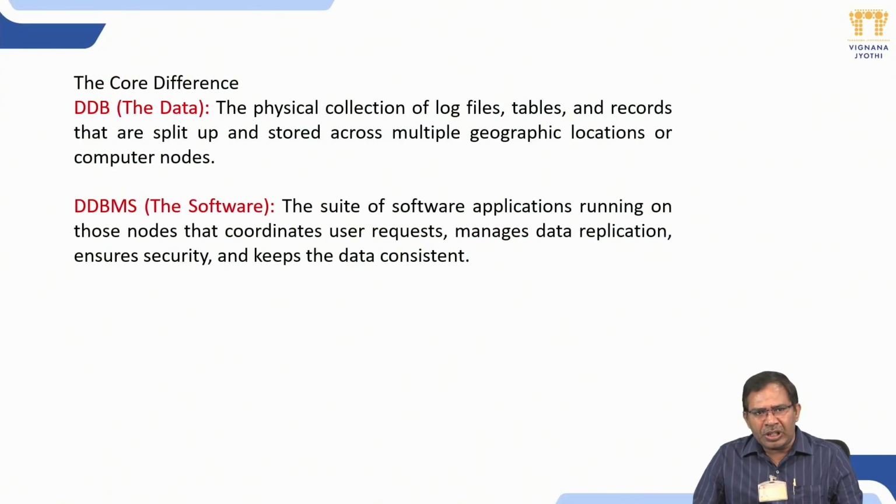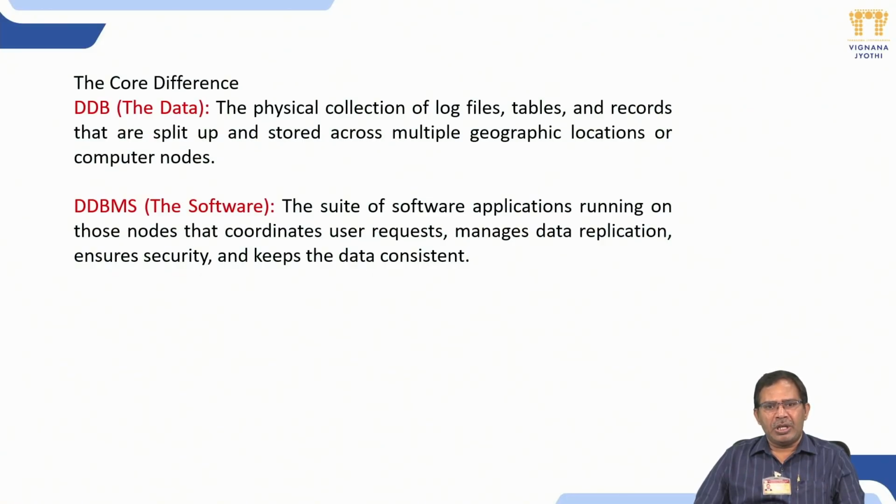The core difference between the distributed database and the database management system is that the distributed database is the physical collection of files and tables, also called relations in an RDBMS. The records, which are part of the relation, are split up and stored across multiple geographical locations like Hyderabad, Mumbai, New York, and Rome.